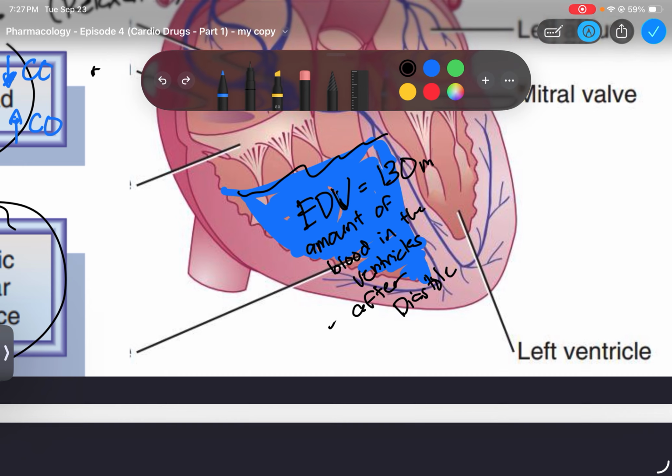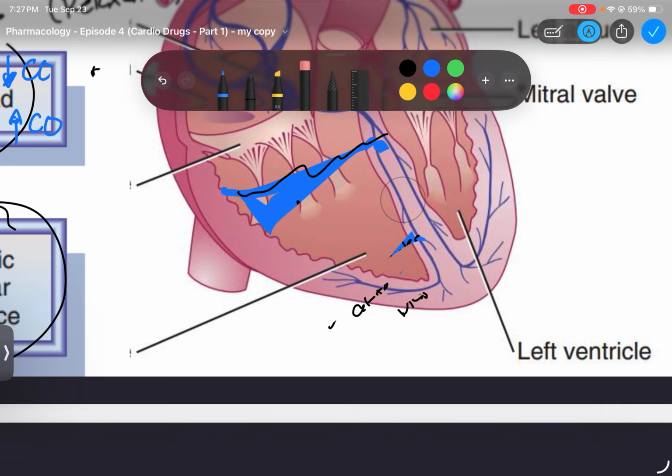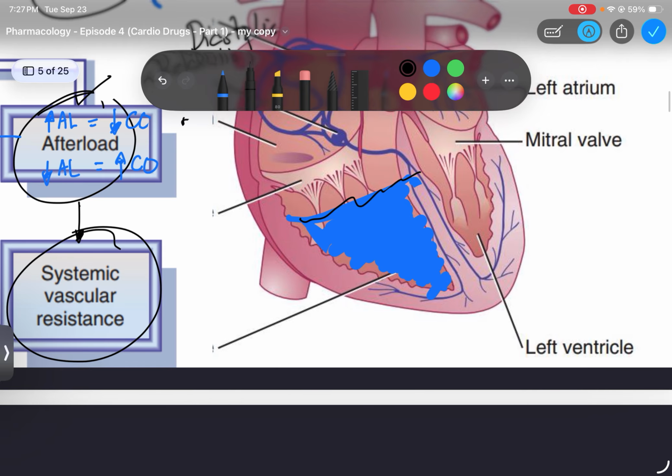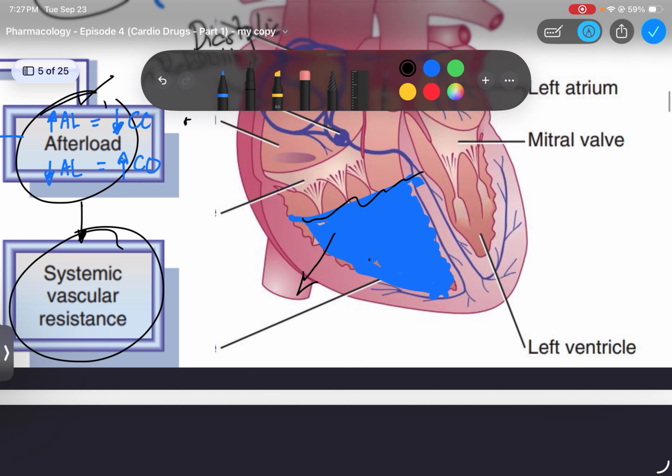Now, here's my question to you, class, and I want you to answer it properly. Since there is blood here, do you think that this will expand the ventricles?